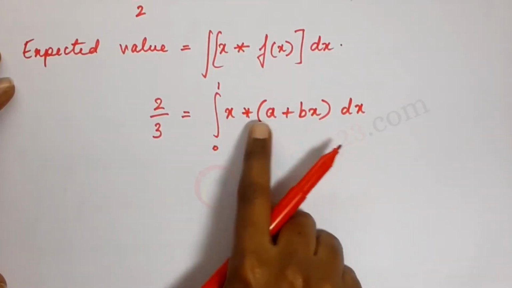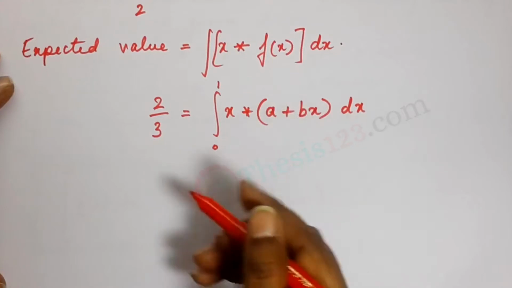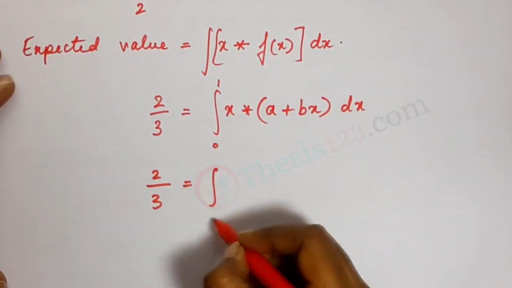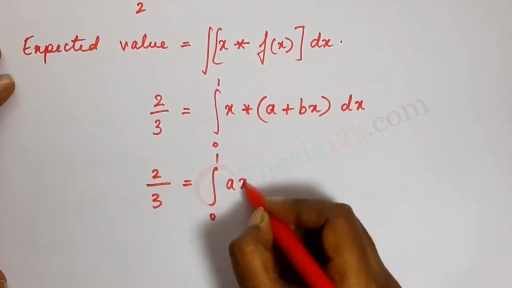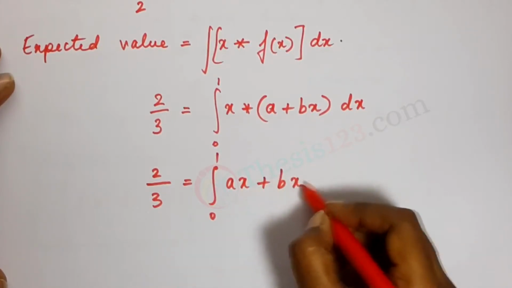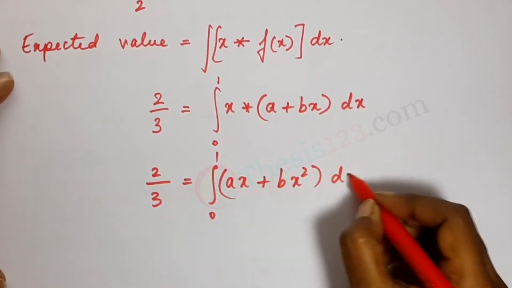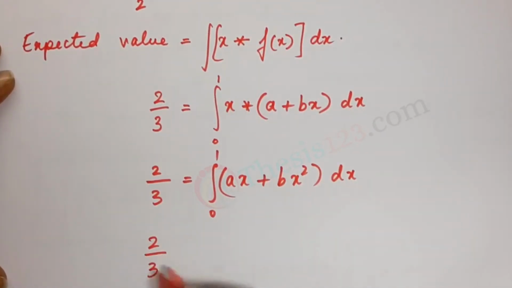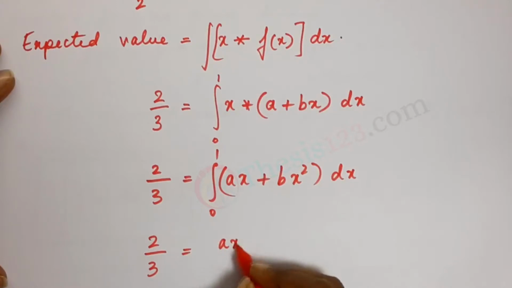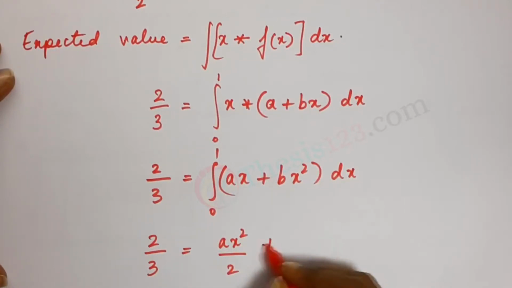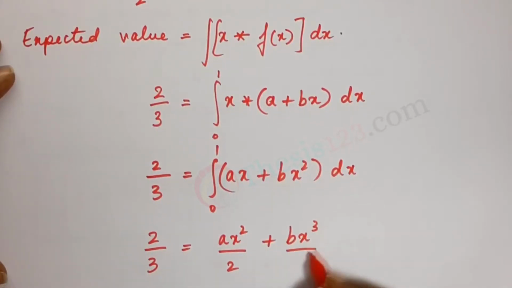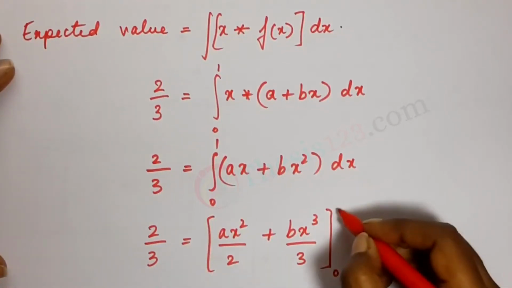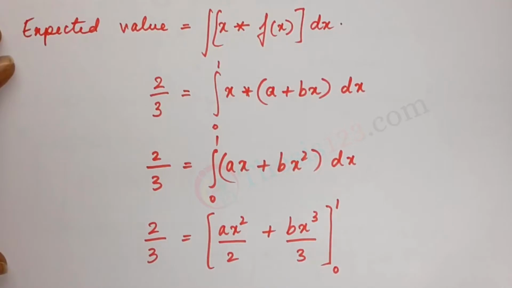If we multiply, we get ax plus bx squared. So that's our next step. 2 by 3 equals integral 0 to 1 of ax plus bx squared dx. Let's integrate it further. We get 2 by 3 is equal to ax squared by 2 plus bx cubed by 3 at the limits of 0 to 1.